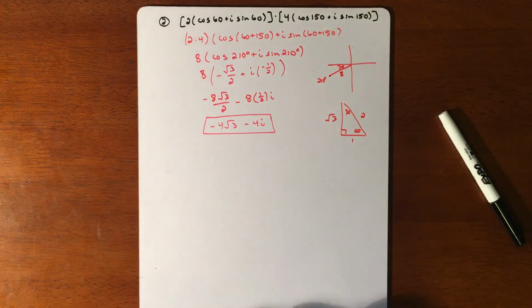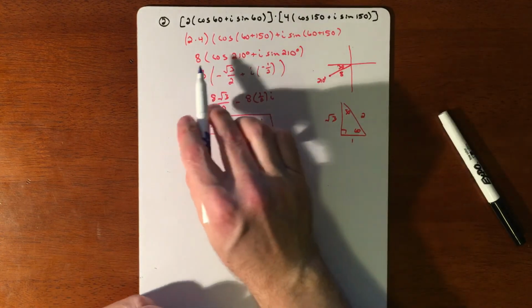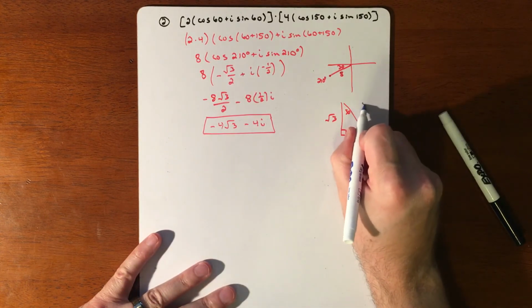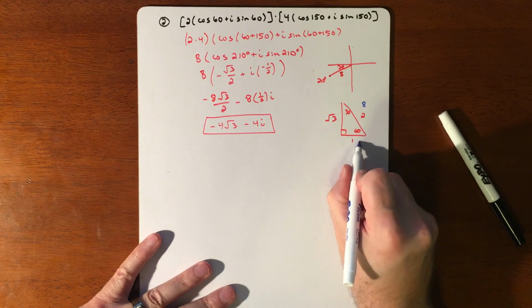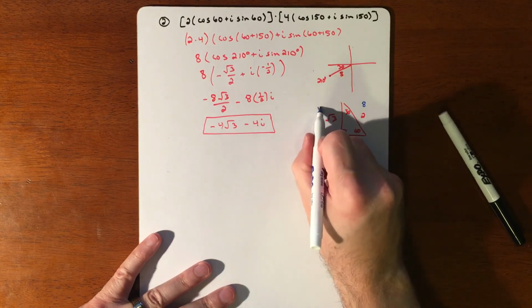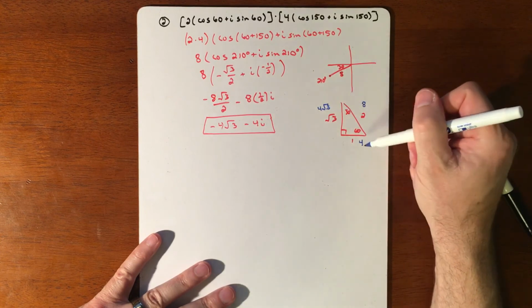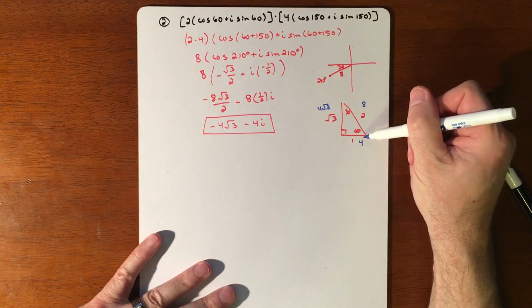So again, if you wanted to do this, if you had made this an 8, then this would have been a 4, and this would have been a 4 root 3. So this is your horizontal piece.